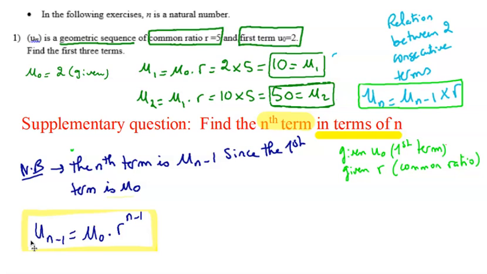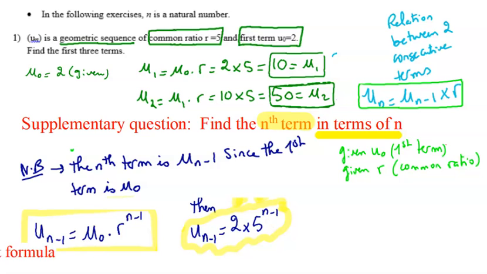Here I'm looking for the nth term, so its rank is n minus 1. We are given u0, it is 2, and the common ratio is 5, so it's enough to replace u0 and r by their values. The answer is un minus 1 is equal to 2 times 5 to the exponent n minus 1, which is the explicit formula.